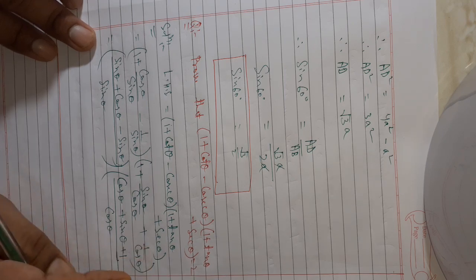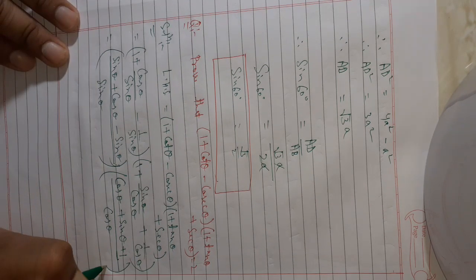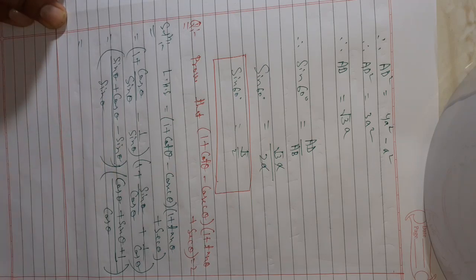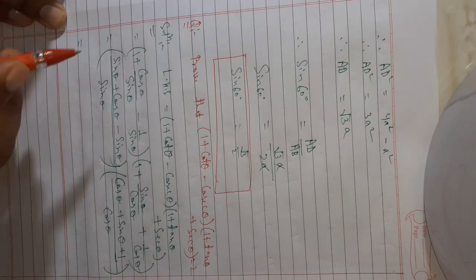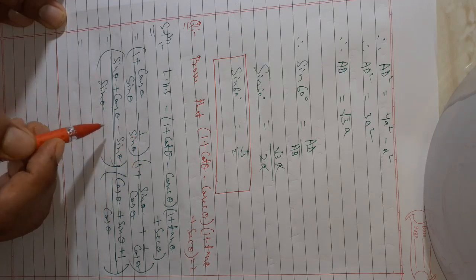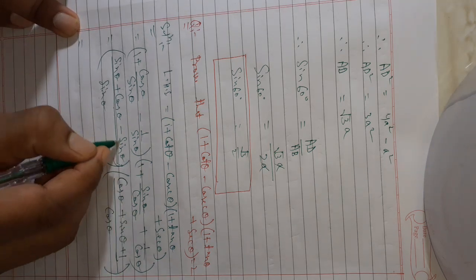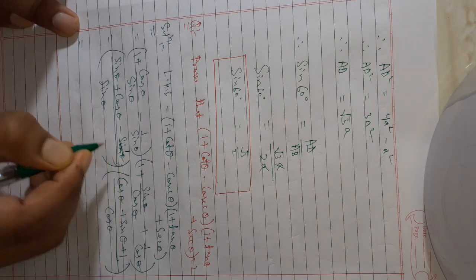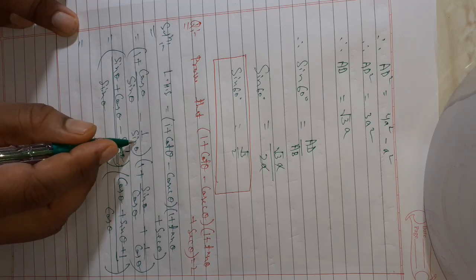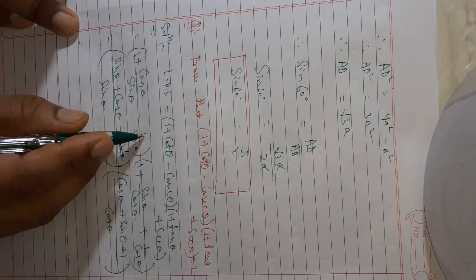Now the minus sin theta you can cut here. Sorry, here it is 1 upon sin theta. So sin theta upon sin theta is 1. Sin theta is the LCM. If you divide sin theta by sin theta, 1 remains, and nothing is on the upper side, so it will be 1.